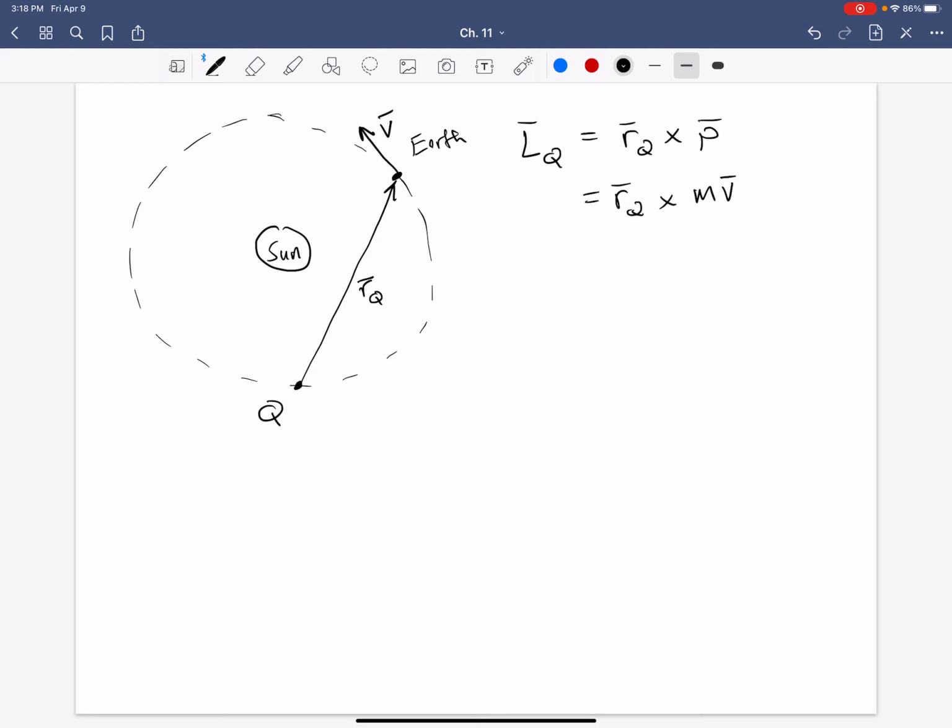And as Earth revolves around the Sun month after month, year after year, its speed pretty much stays constant, right? Earth's orbit is pretty close to circular. It's not exactly circular, but for, again, the purposes of this video, it's pretty much circular, right? So it has the same speed over there. Well, we have a different radius.